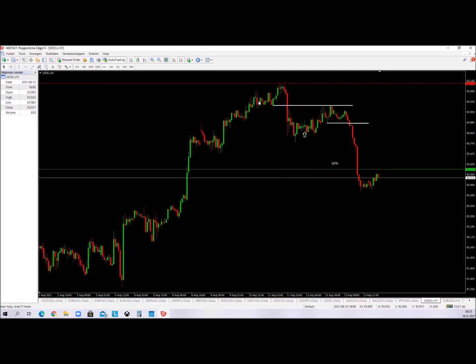As you know, the most correlated pair with the dollar is the euro dollar, but sometimes you can also use another pair. For example, let's say you want to short the dollar because the statistics line up, but you notice that GBP is way stronger than the euro.